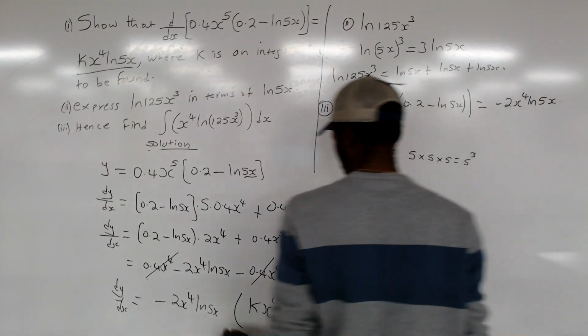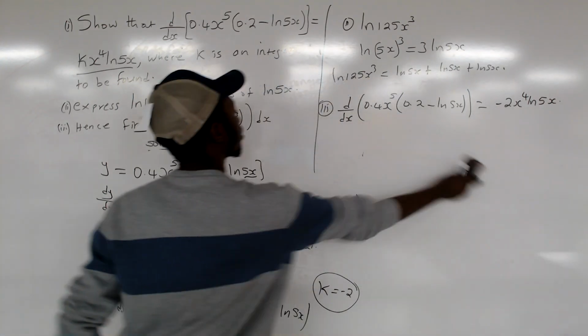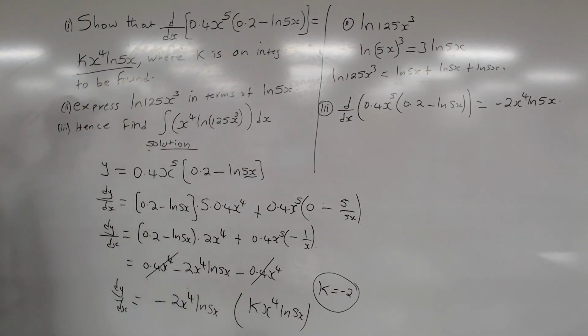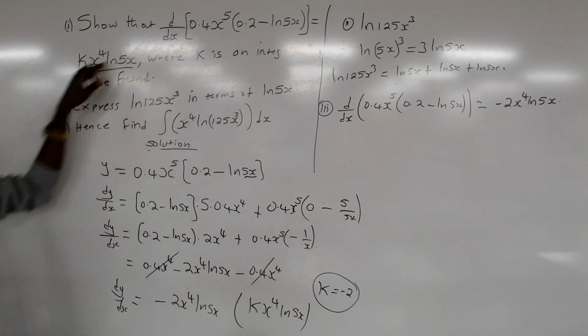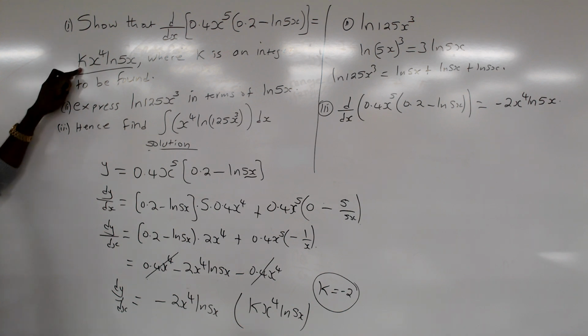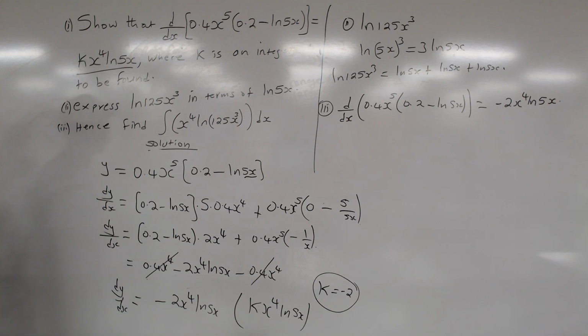So we have to take note of this point. This point should be mastered, because we are required to show that this equals this. But what is k? k is minus 2. When you slot in minus 2, it gives us that expression. So the left-hand side term equals the right-hand side term.